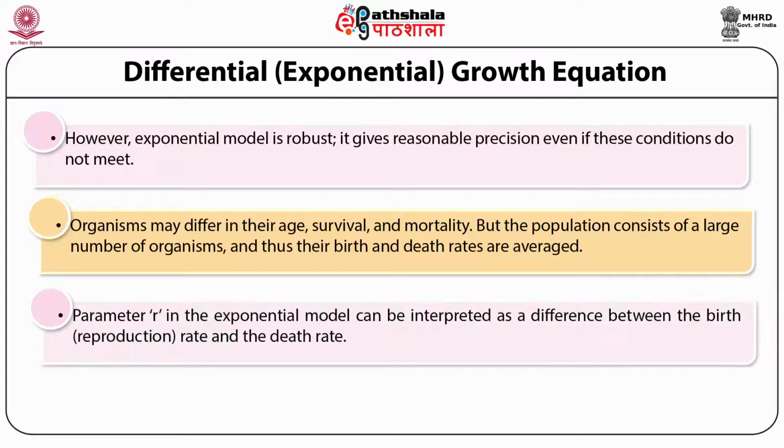The parameter r in the exponential model can be interpreted as the difference between the birth rate and the death rate. Therefore, the equation can be given as dN upon dt is equal to (b minus d) into N, which is also written as rN.